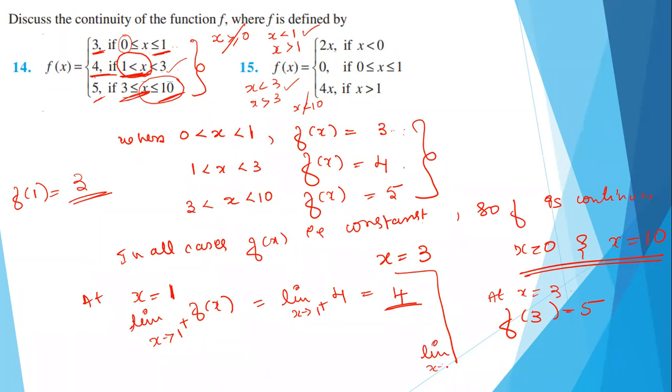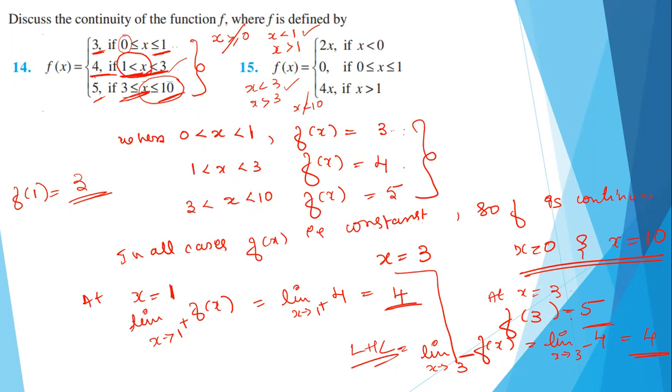Limit x tending to 3 minus. 3 minus means x is less than 3. F of x is nothing but 4, correct? So that will be 4. So in this case, our left hand limit is not equal to the functional value, correct? So f is not continuous at x is equal to 3 also.